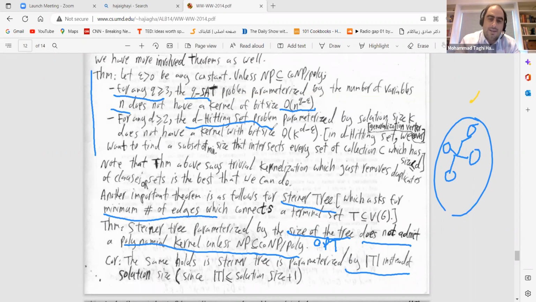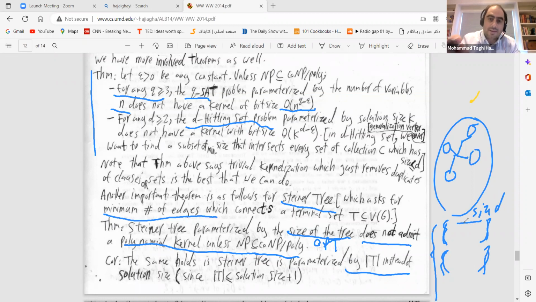In the d-hitting set problem, you are given some sets of size d. So these are the sets of size d. A number of them are given to you.